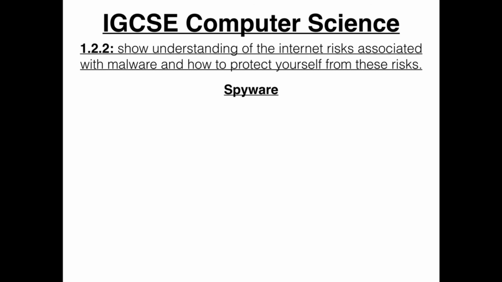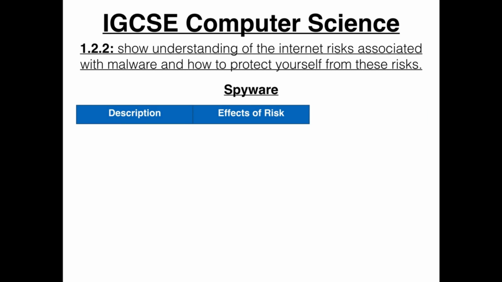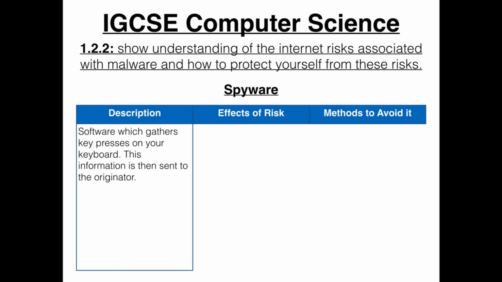There's also spyware. So spyware is basically software which gathers key presses on your keyboard, and the key presses are then sent to the originator, i.e. the guy who made the software and put it on your computer.